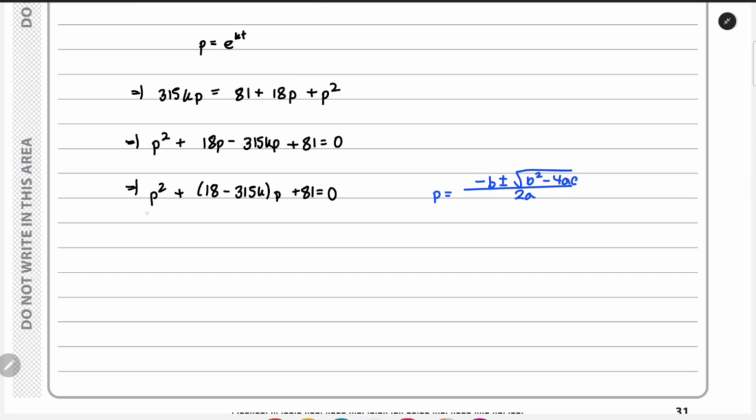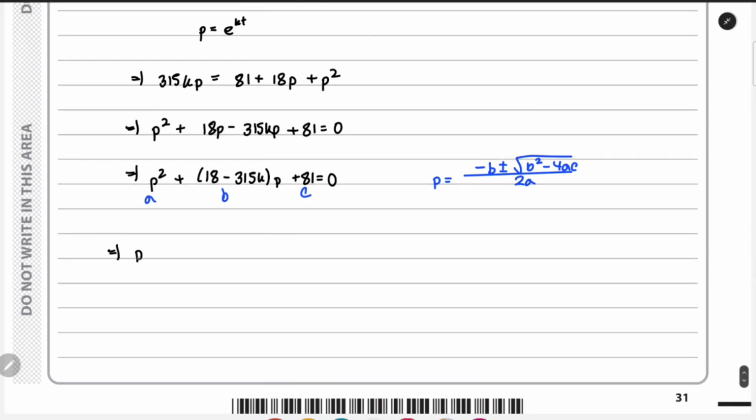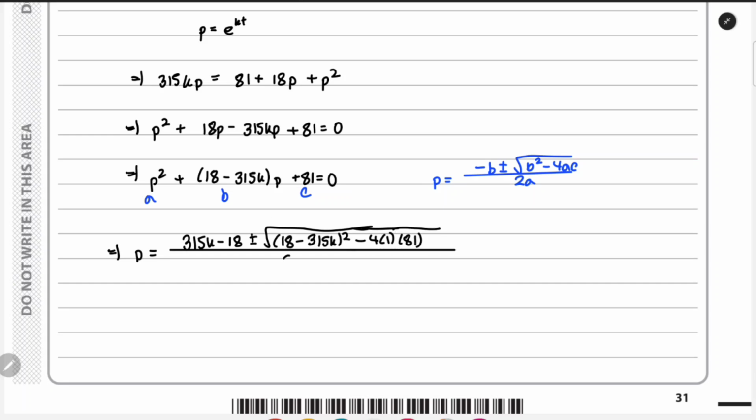This is a, this is b, and this is c. So p will be equal to 315k minus 18 plus or minus root over 18 minus 315k whole square minus 4 times 1 times 81, divided by 2 times 1.